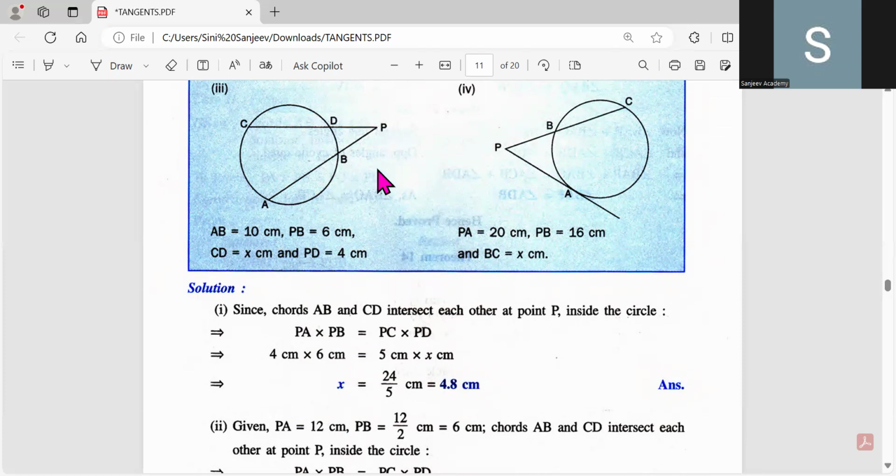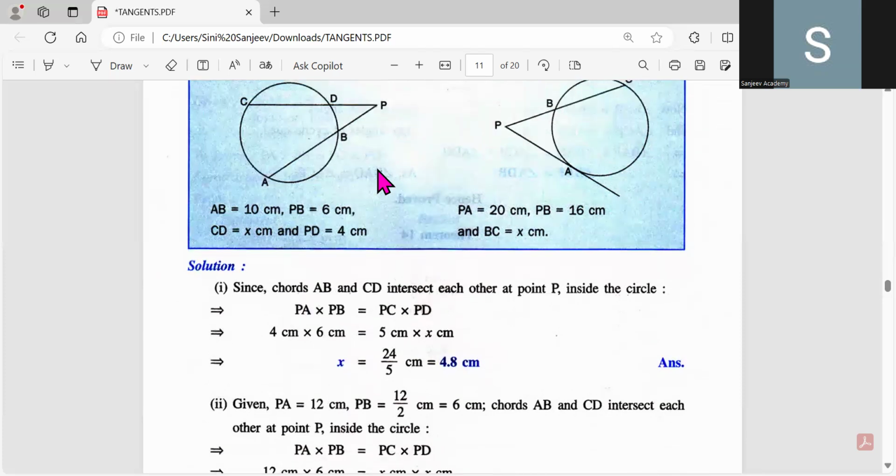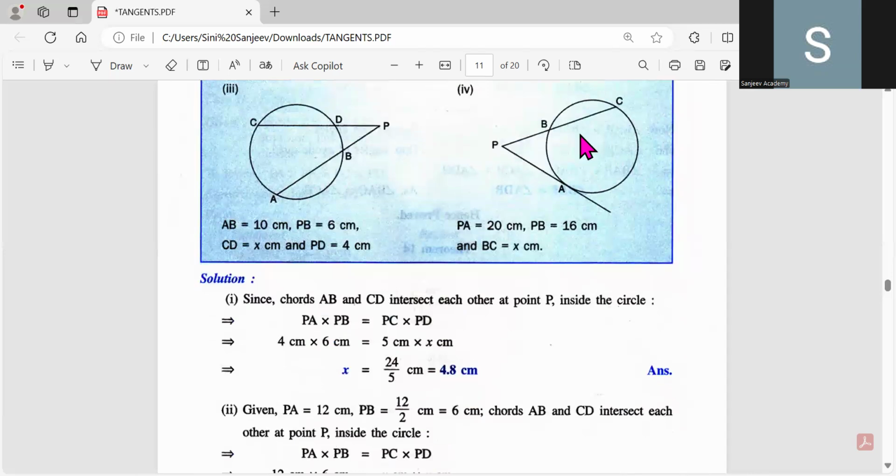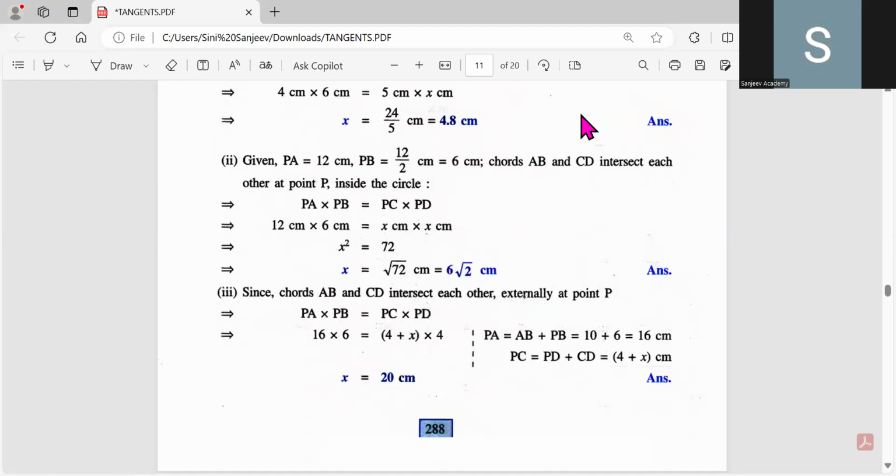So if I substitute everything, I'll be getting the answer very easily. Same thing again. But if you can see here, PA is 20 and PB is 16 and BC is X.